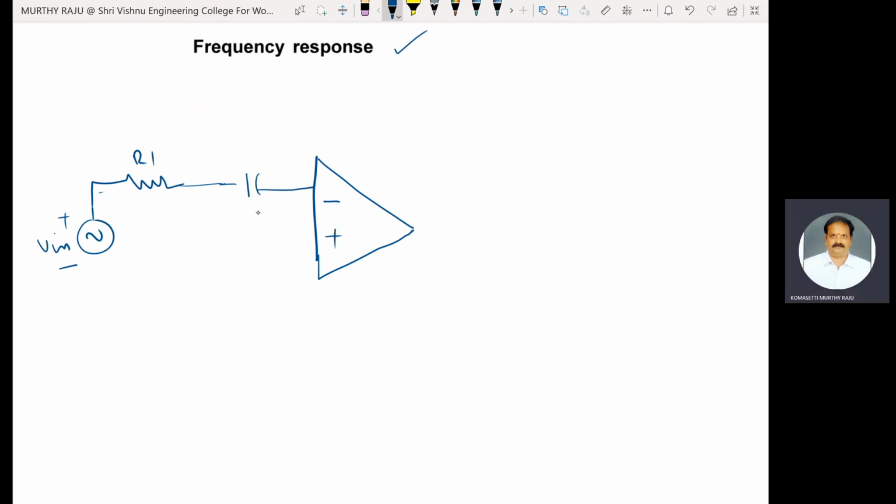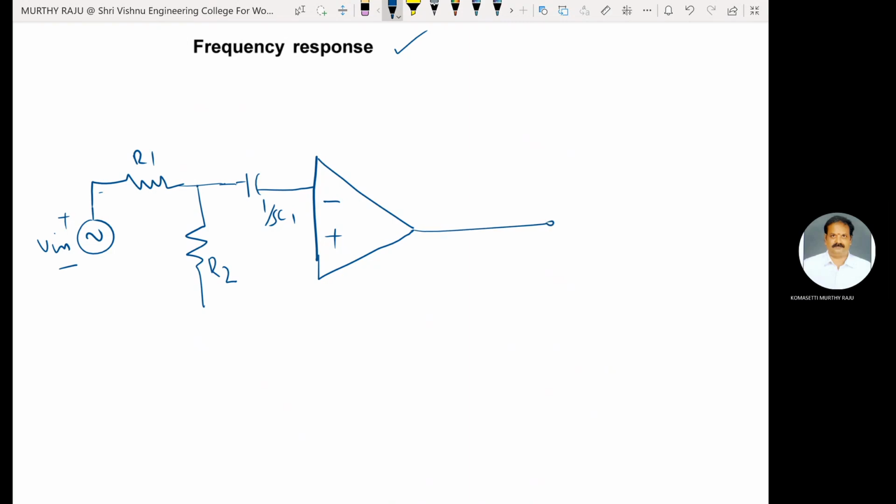Here C1 means 1 by SC1. Here R2. RL and V naught.